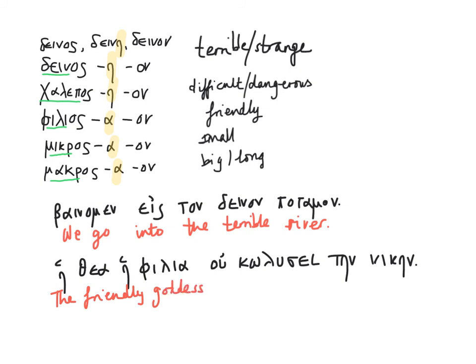Now, me means not, and luse is a future verb marked by the sigma there between the stem and the ending. Let's take those together. Will not hinder the victory.